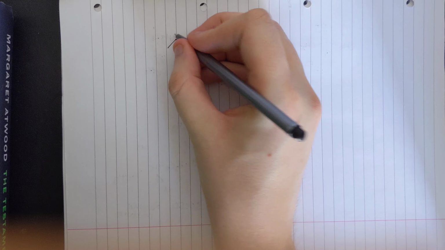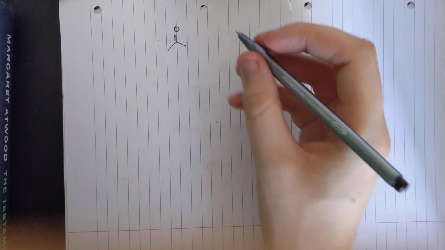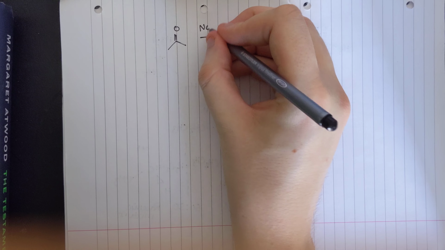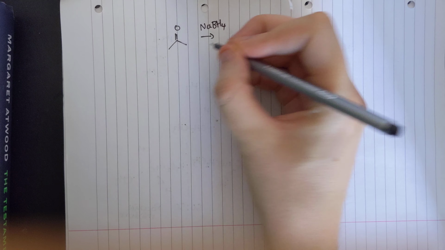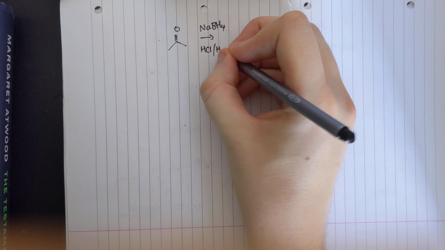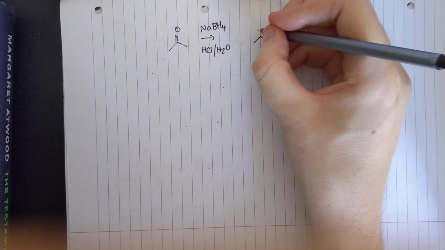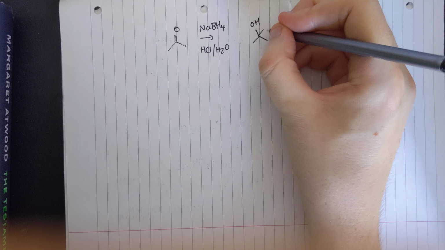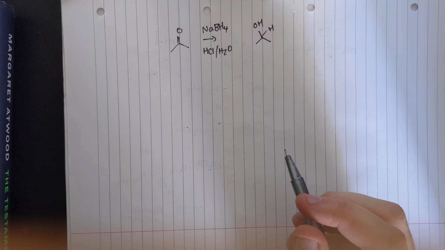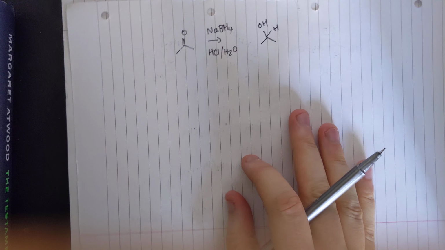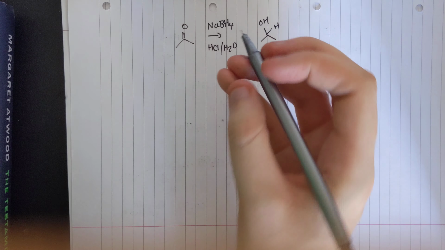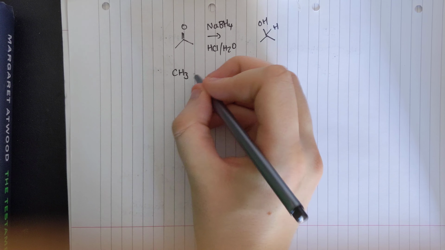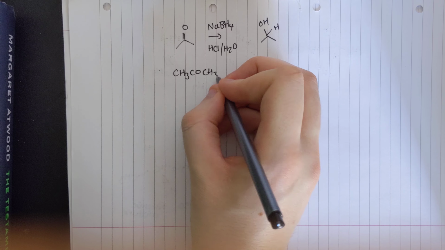So this leaves us with the final thing we need to cover, which is writing the overall equations for the reactions. If we take propanone and react that with NaBH4 followed by HCl, H2O, we form the alcohol. Now we need to be able to write the overall equation for that. So this molecule here is CH3COCH3.